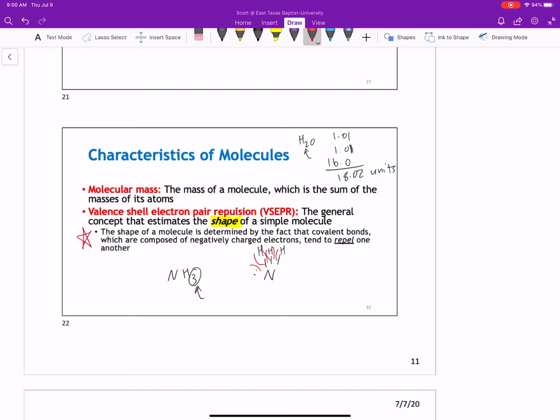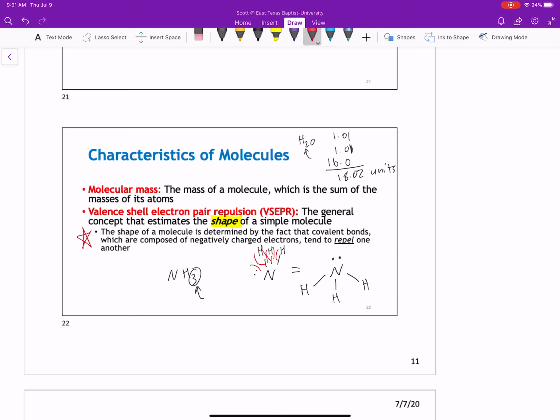And so what's going to happen is this molecule is going to find the lowest energy conformation at which everything is spaced out as evenly as possible, giving itself a shape. The best spacing for ammonia takes on what's called the trigonal pyramidal shape.